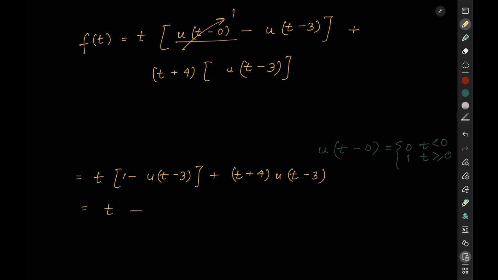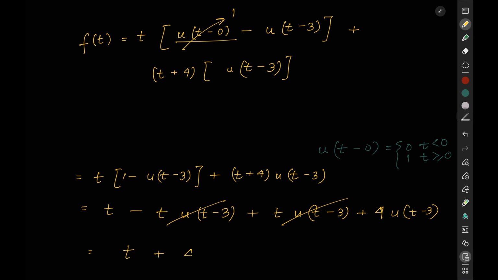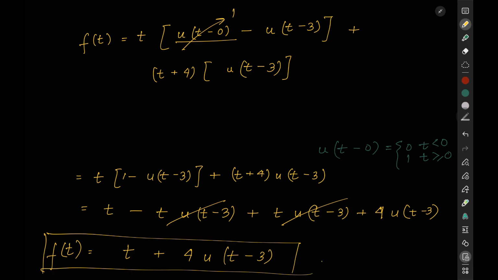We can simplify this as t minus t u(t minus 3) plus t u(t minus 3) plus 4 u(t minus 3). The t u(t minus 3) terms get cancelled and the function becomes t plus 4 u(t minus 3). So f(t) in terms of unit step function can be represented as (t plus 4) u(t minus 3).